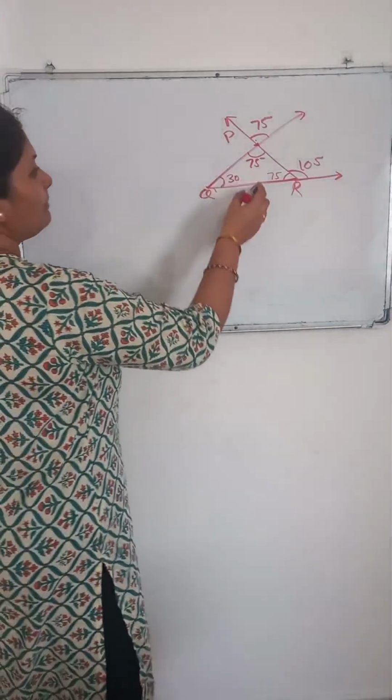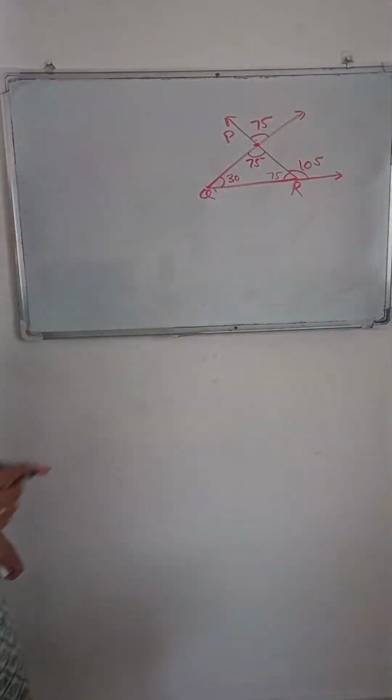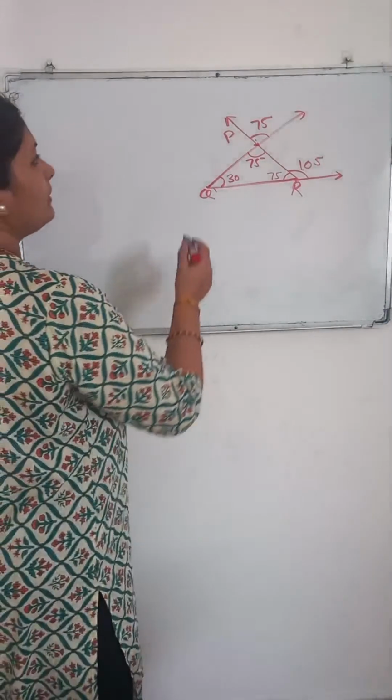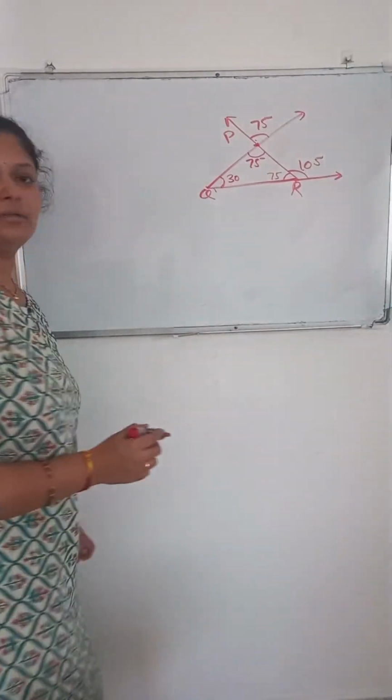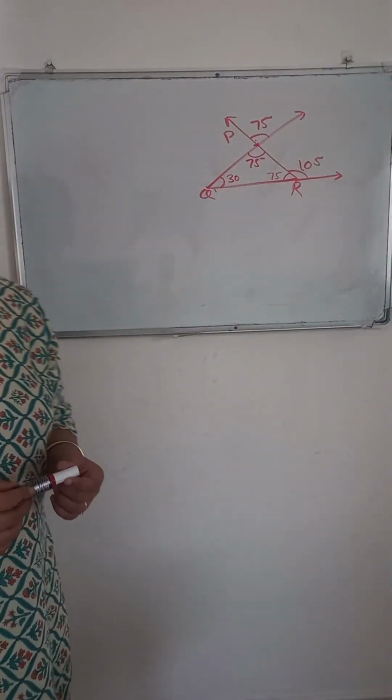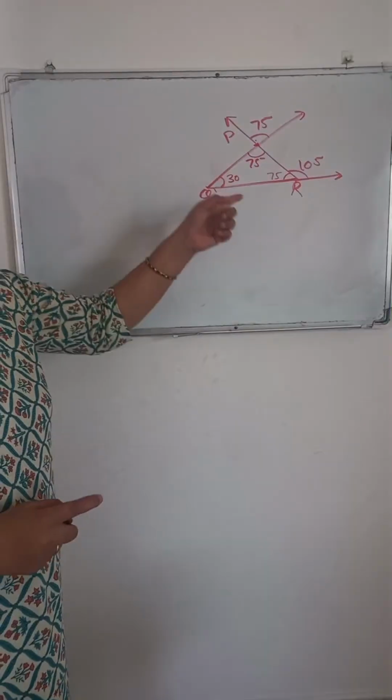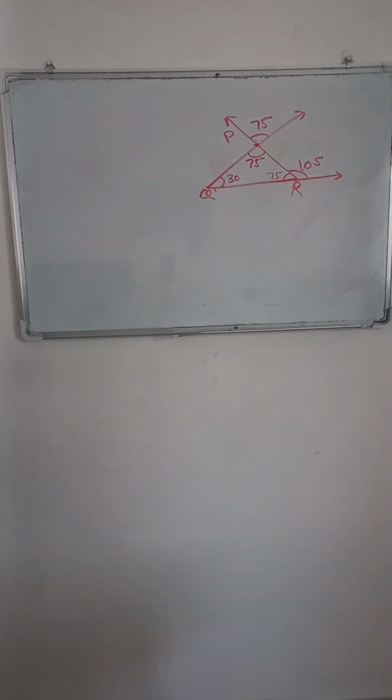So 75 plus 75 is nothing but 150. And PQR is a triangle, and the triangle angle sum is 180. So 180 minus 150 is 30 degrees. So option C is the correct option.